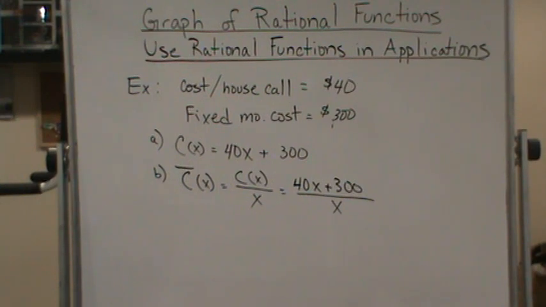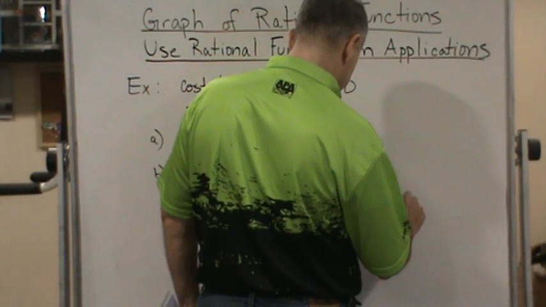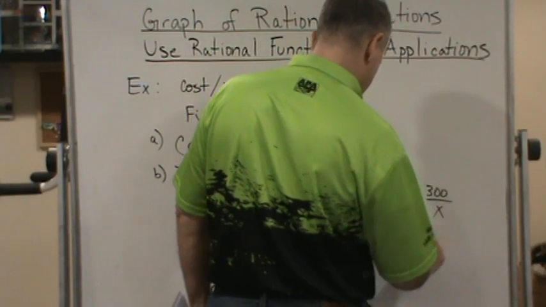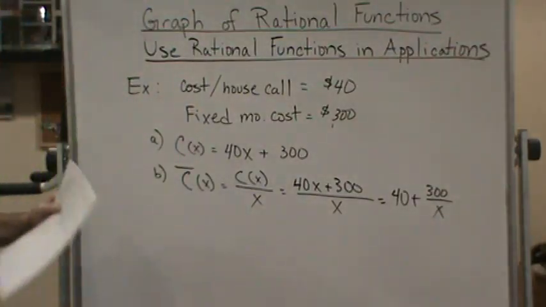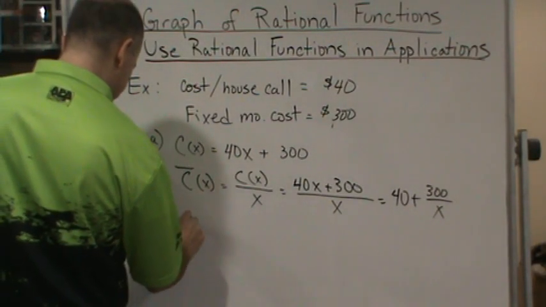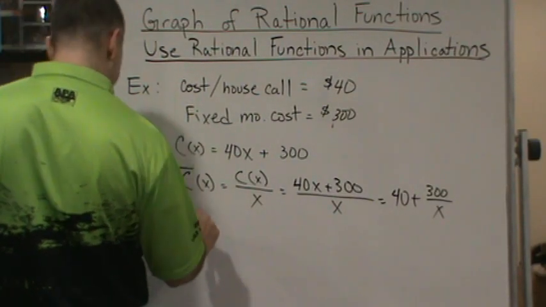Okay. So let's simplify this. This would be equal to 40 plus 300 over X. Now C says, evaluate C bar at 5.